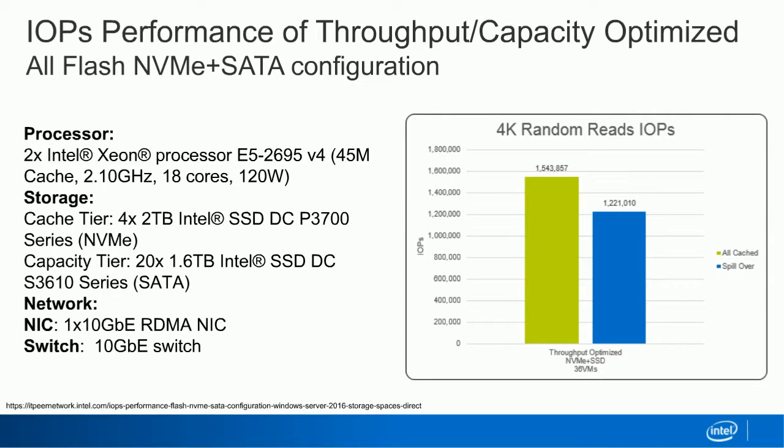And now when your working set starts overflowing to your SATA SSDs, what you see is around 1.2K, right? The performance hit that you get when it flows to the SATA SSDs is not as intense as what you would see when there's an overflow to a hard disk, right?